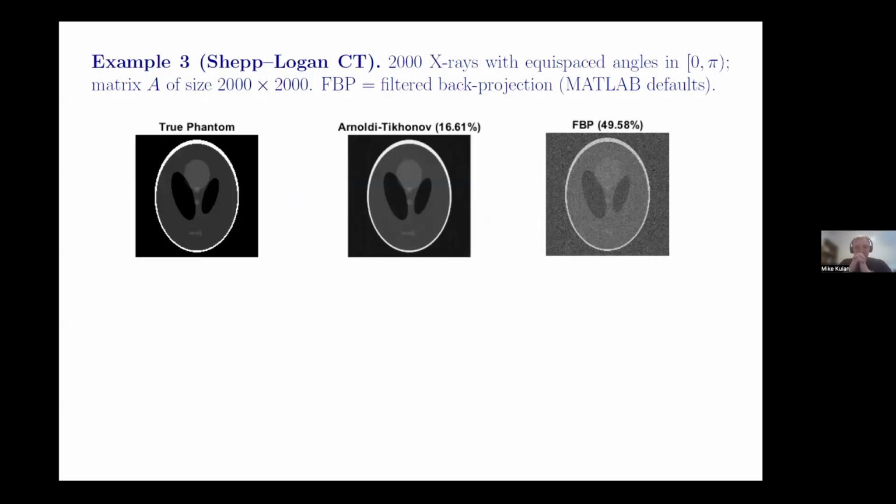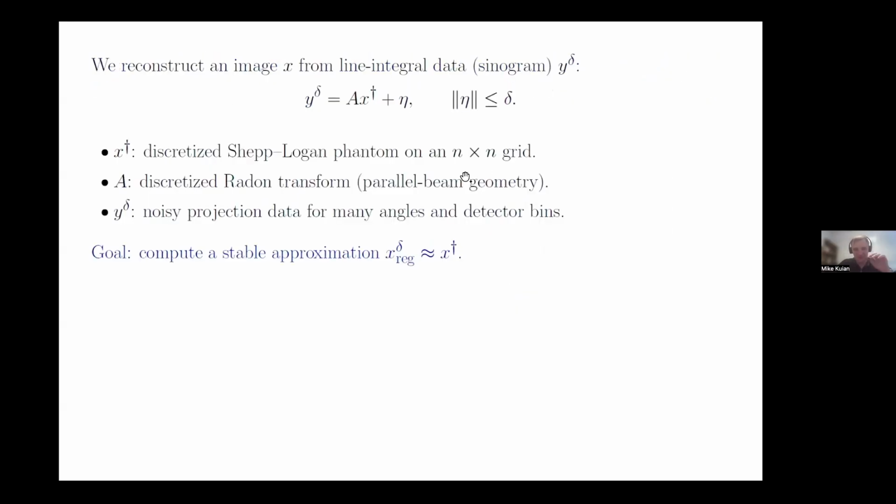Another numerical example we did was applying this to a computational tomography problem. Let me give you some general information on what is going on here. We reconstructed an image X from the line integral data, sinograms.